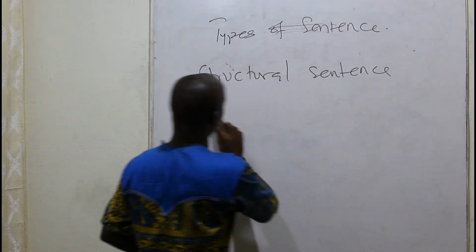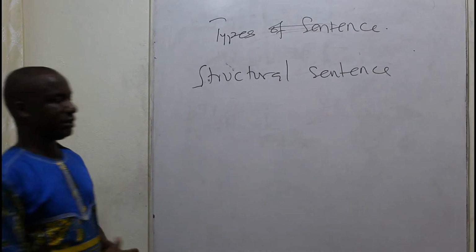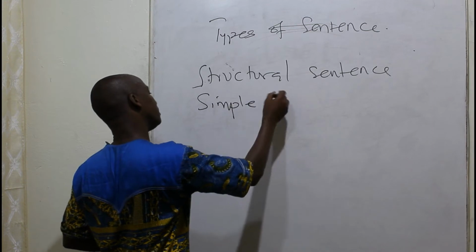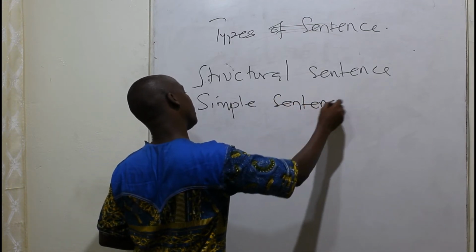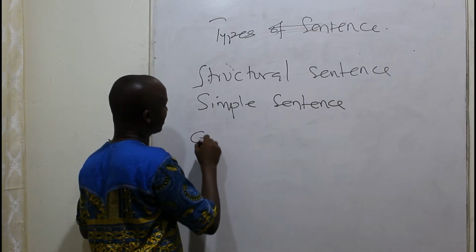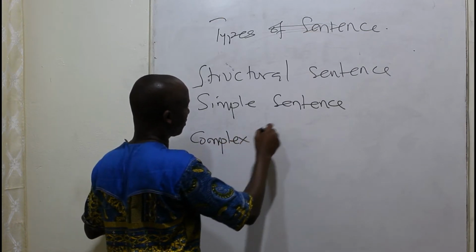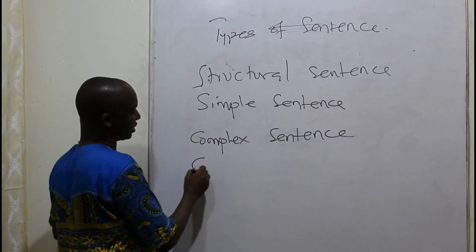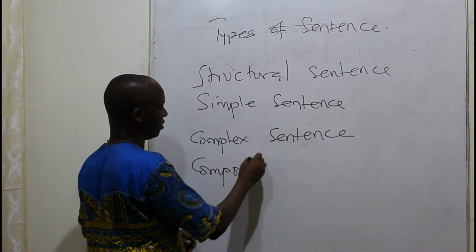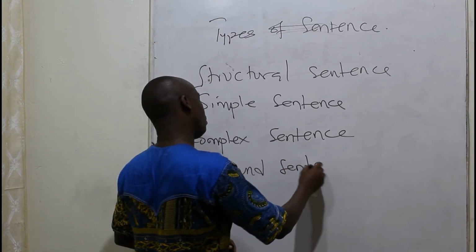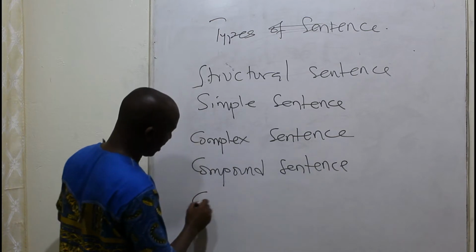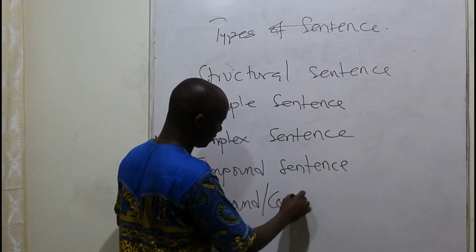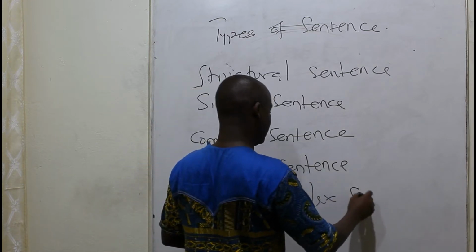So the first one that we'll be looking at is the structural sentence. And under the structural sentence, we have the simple sentence. We have the complex sentence. We have the compound sentence. And then we have the compound complex sentence.